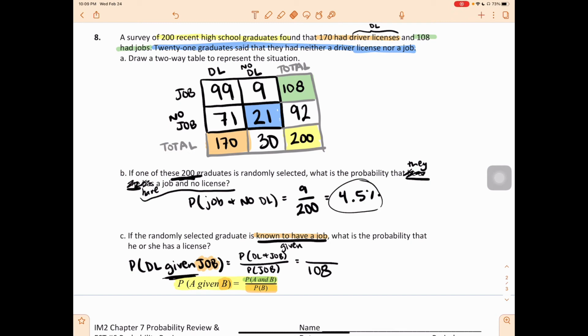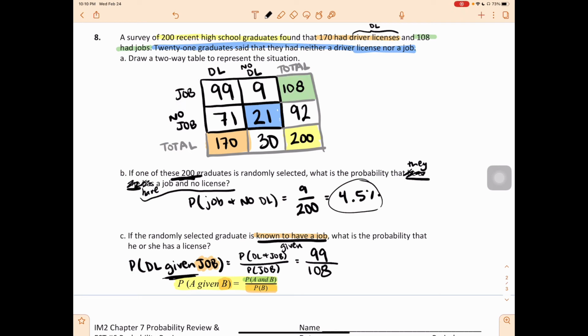Driver's license is the DL part, so driver's license is here, and job is here. That is 99. It intersects right here. 99 of them who have a job have a driver's license. So this one here is 99 out of 108 because we're only looking at those who have a job. 108 of them have a job, and 99 of those 108 have a driver's license.